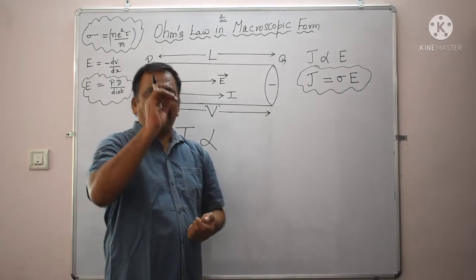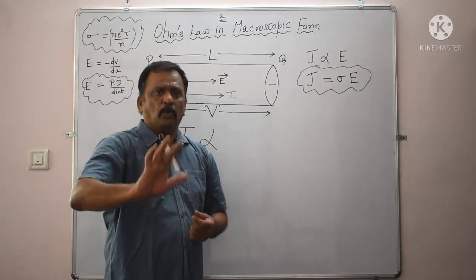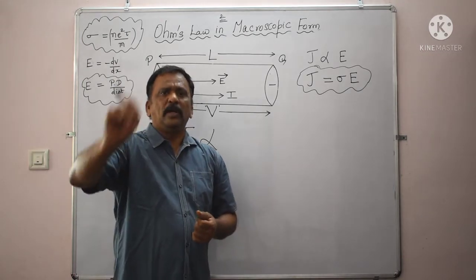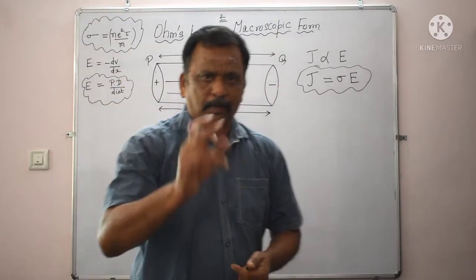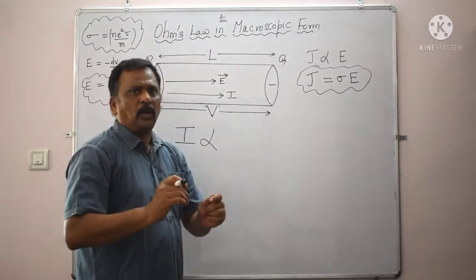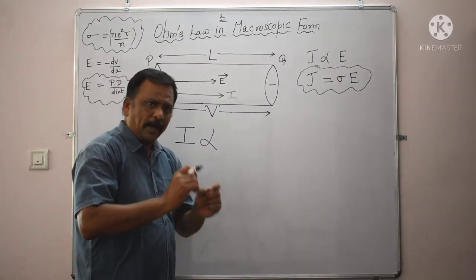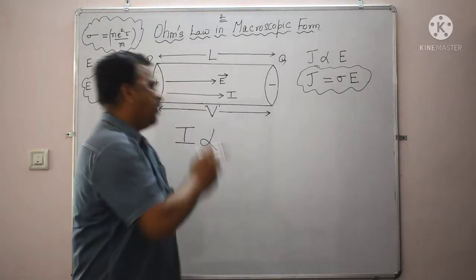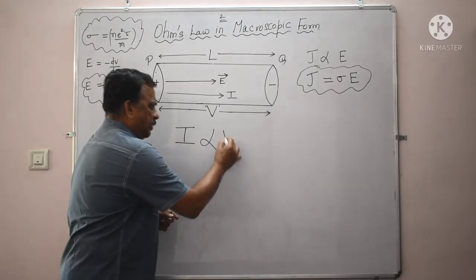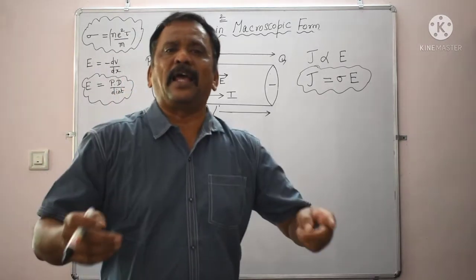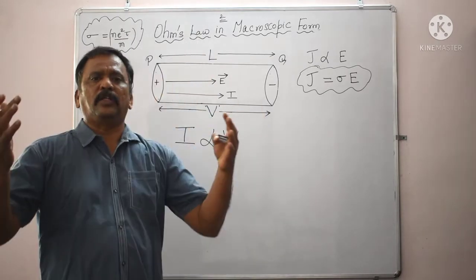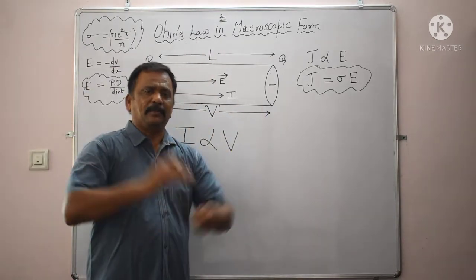If they simply ask you to state Ohm's law, you have to write the statement in the macroscopic model and not the microscopic model. Please remember. So Ohm's law in macroscopic form states that the current flowing through a conductor is directly proportional to the potential difference across the two ends of the conductor.